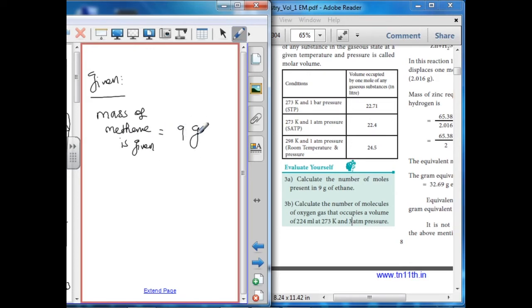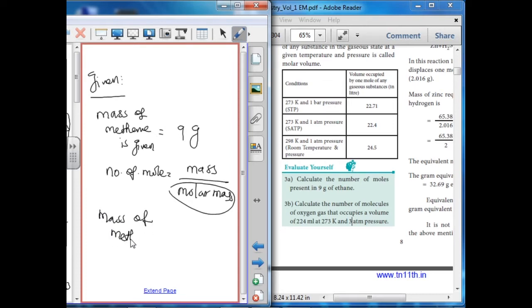Next, we are going to calculate the molar mass, because the number of moles equals mass divided by molar mass. So we have to know the molar mass of methane, formula CH4.